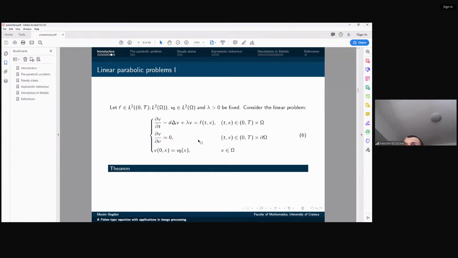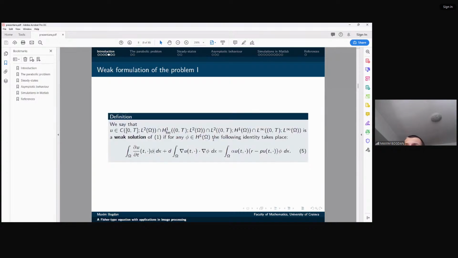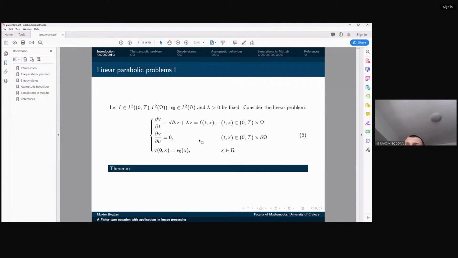I have to recall some facts for the linear case, because here we have a non-linear term. It is a quadratic term, but we will solve this non-linearity by appealing to linearity as well.